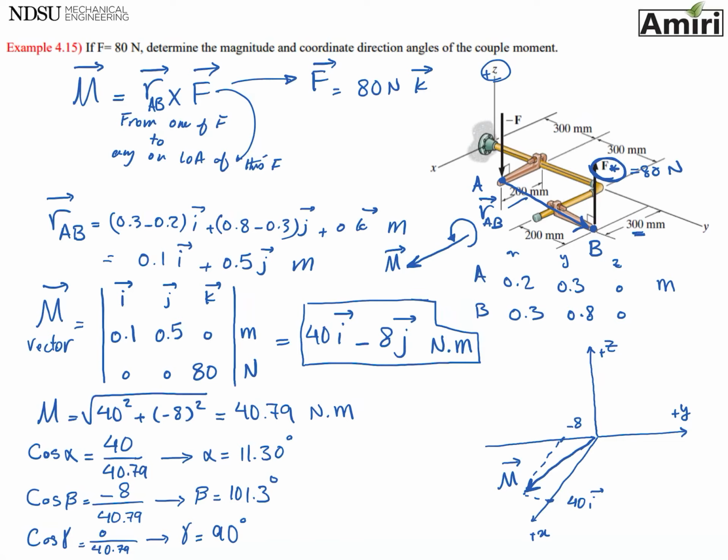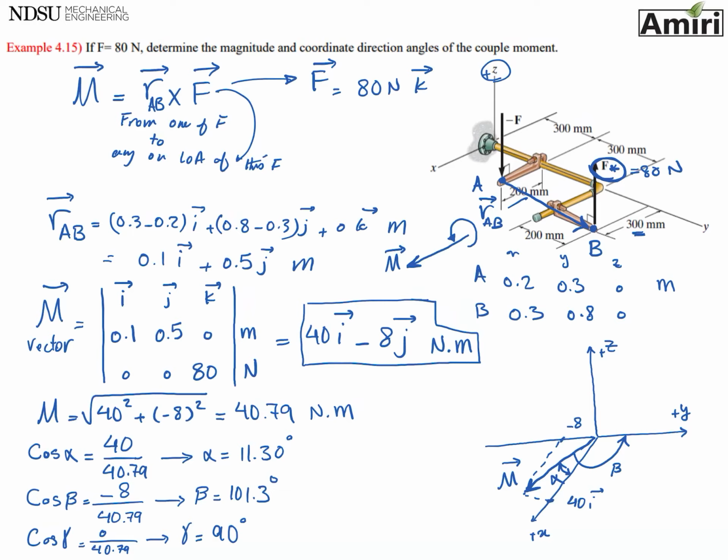And let's see if that makes sense. Alpha is the angle that the vector makes with the positive x direction. This is your alpha, which makes sense. That looks about 11 degrees. Your beta is the angle that the vector makes with the positive y direction, which is this one, which again looks like 101, or more than 90.